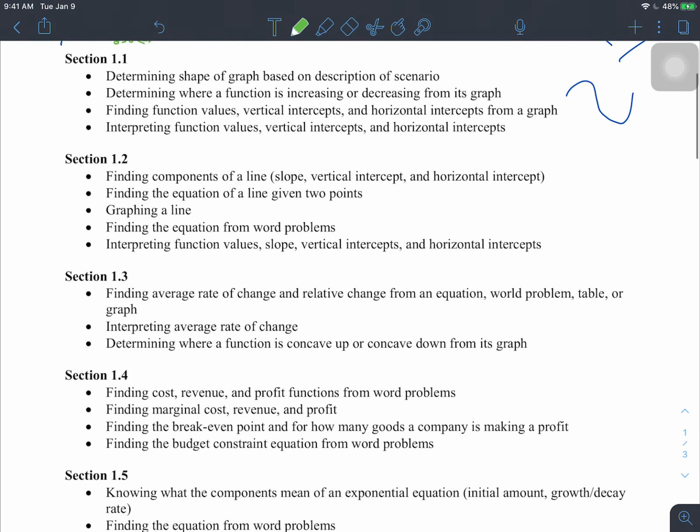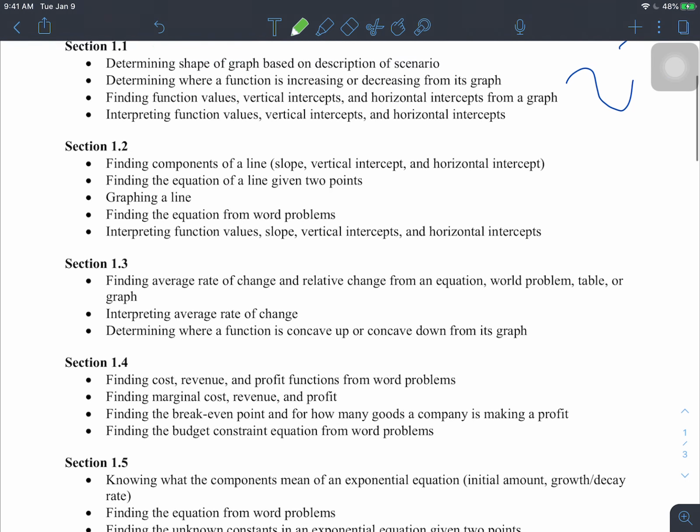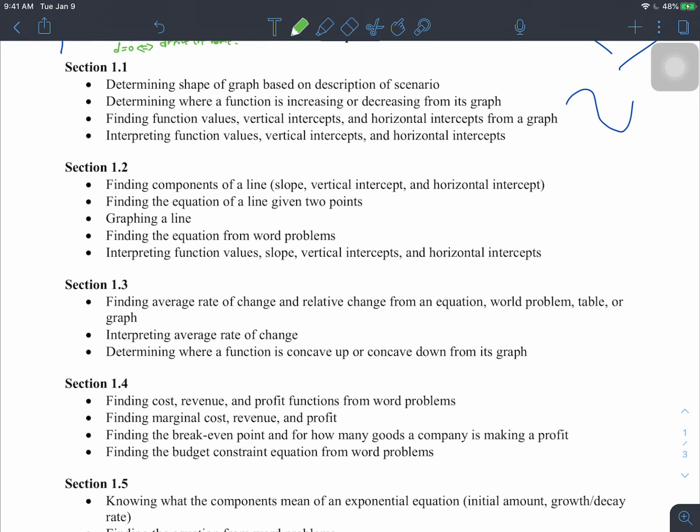Okay, section 1.2, you want to be able to find components of a line. So we need to know slope, vertical intercept, horizontal intercept. That's pretty standard. We should be able to find the equation of a line given 2 points using either y equals mx plus b or point slope, which I'll remind you is y minus y naught equals m times x minus x naught.